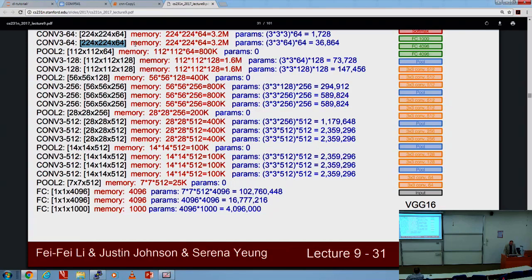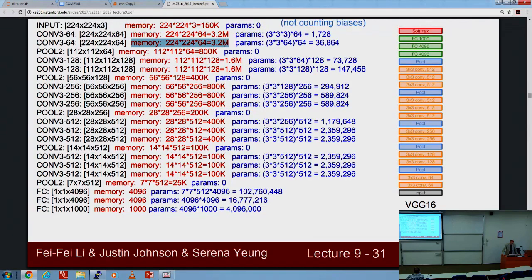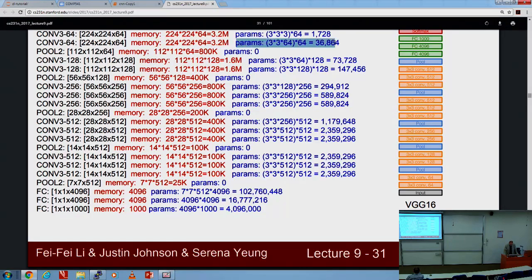That means the memory it takes is 3.2 million floating point numbers per image. So 3.2 megabytes per image is going to be spent on this layer. Double that if you're counting the backward pass. And to represent the filter bank, we need 3 by 3 by 64 by 64, 36,000 parameters.